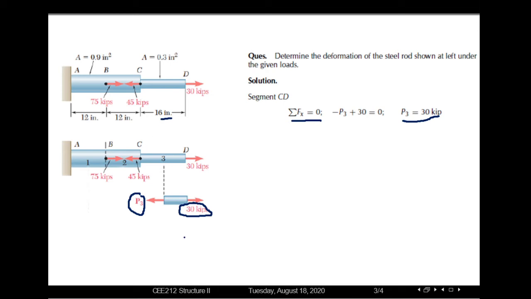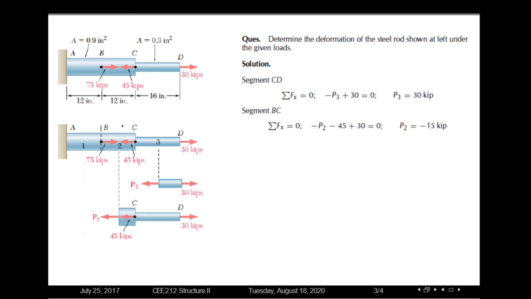And now we can see this 45 kip load just after this CD portion. So now we will have to consider both the effect of 45 and 30. So we have taken a section in between the BC segment. As we can see, in this BC segment, we will get the combined effect of this 45 and 30 kip load.